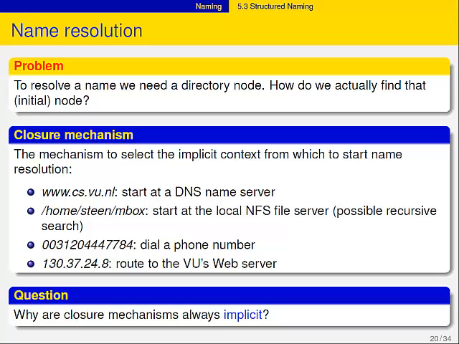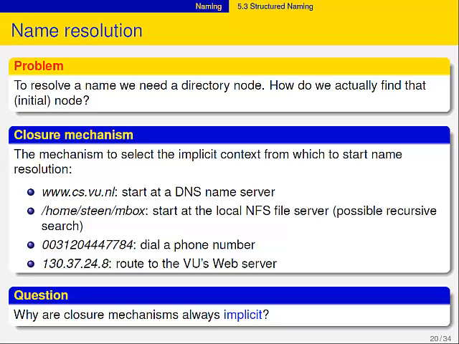Okay, you're right, you can also name the root again, but... As I'm plugged into that namespace, as I have entered through the root, I could... Yeah, that's true. You could always, of course, name your root, but in order to start the first name resolution, you have to have a naming that is outside the namespace in which you will resolve your name. And that is actually an answer to this question, why are closure mechanisms by definition implicit? Because, you know, you have to start somewhere and it has to be outside your namespace.